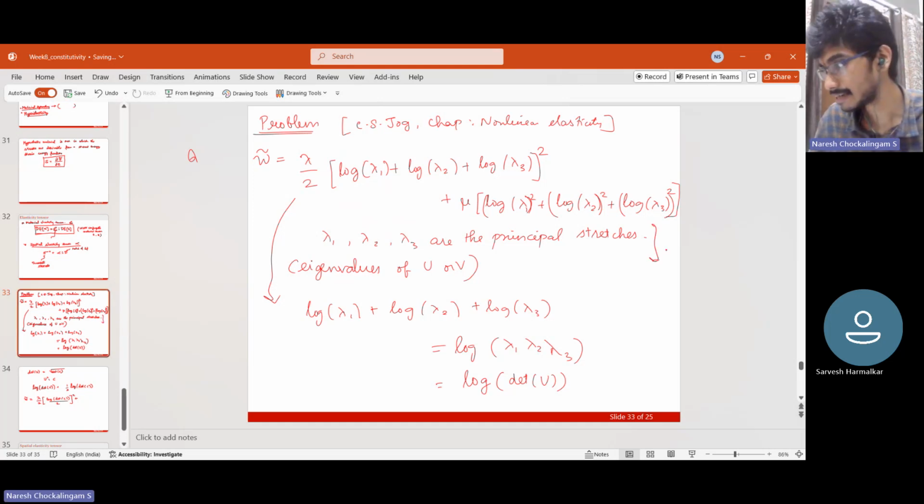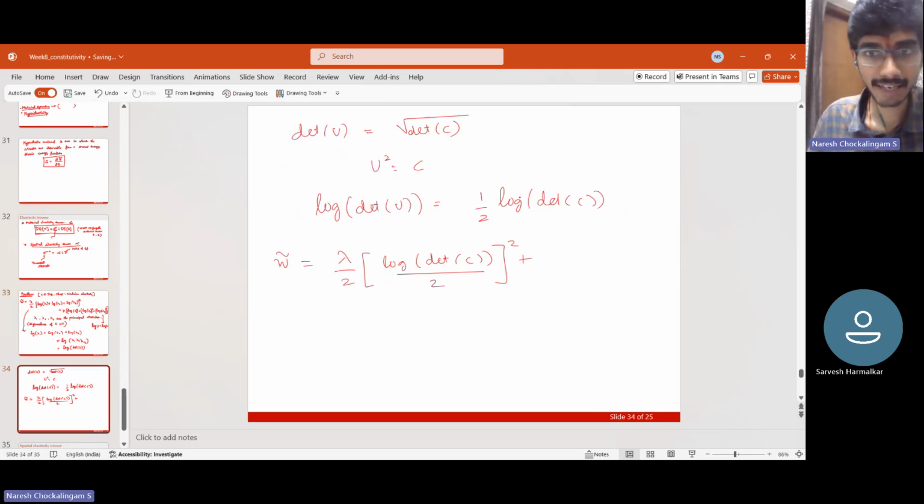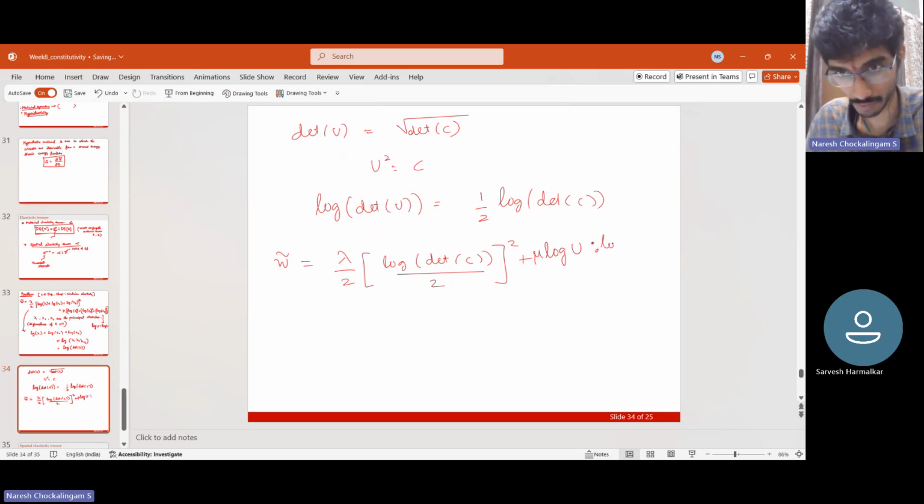This is basically log U double dot with log U. So the strain energy potential can be given as log U plus mu times log U double dot with log U.